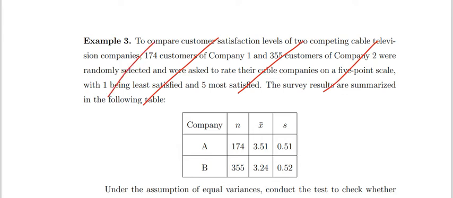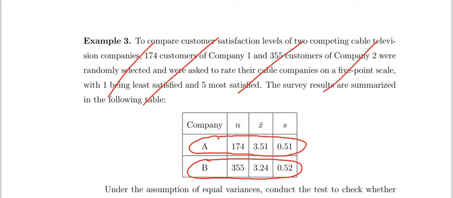We just use a table for class 1 or company A. For this sample, we have sample size, sample mean, and sample standard deviation. For the other sample, we also have N, X bar, and S.